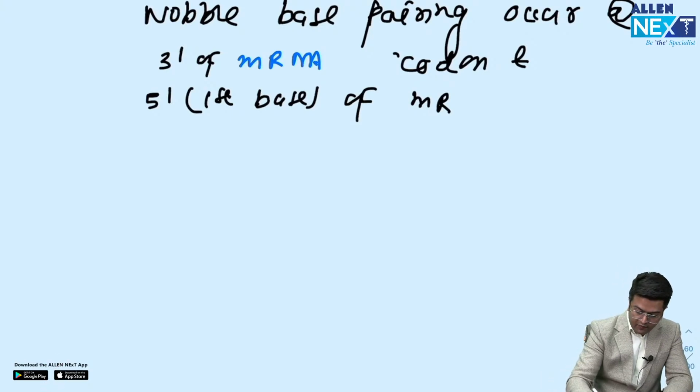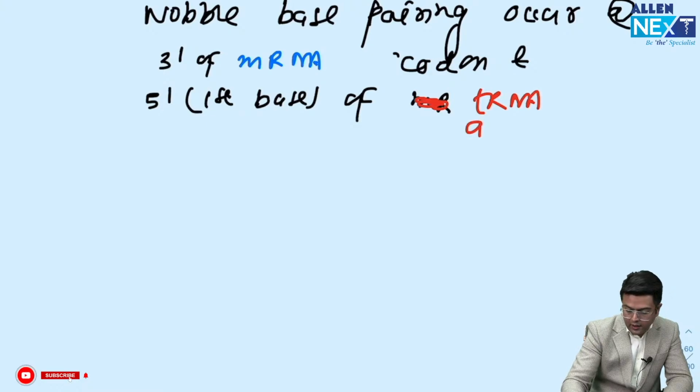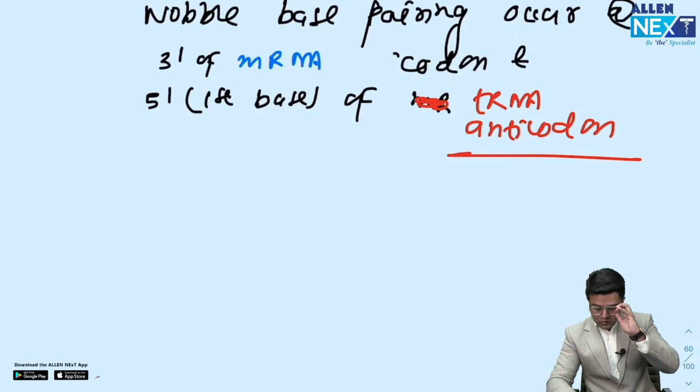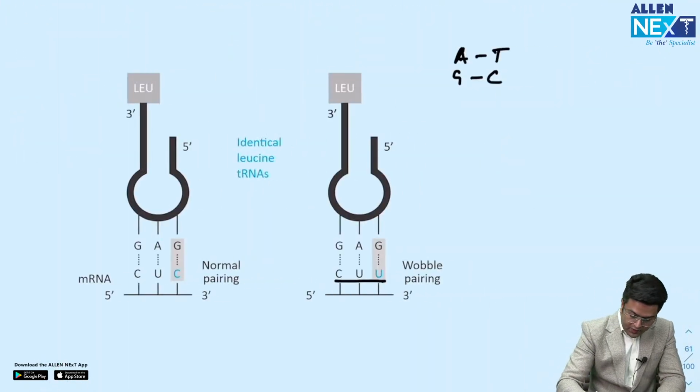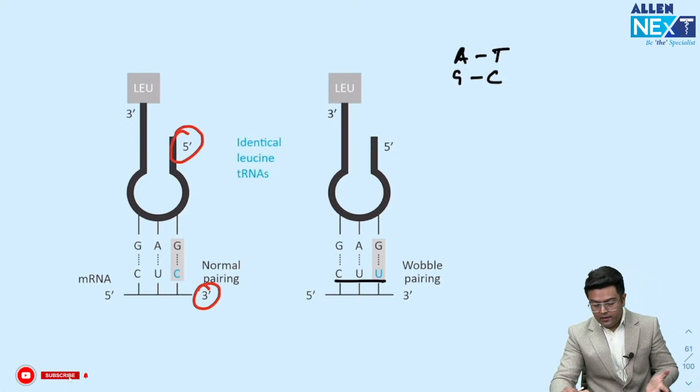As we will see in the figure, it is the 3' of the mRNA codon and the 5' of the tRNA anticodon. Okay, understood? So let's see this again. So this is the 5' of tRNA and 3' of the mRNA.